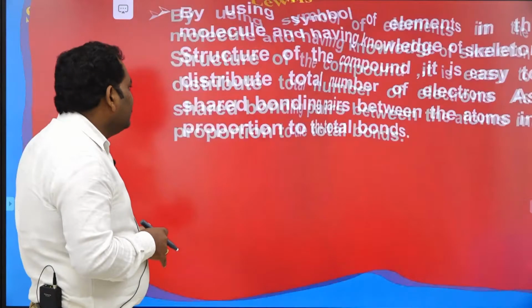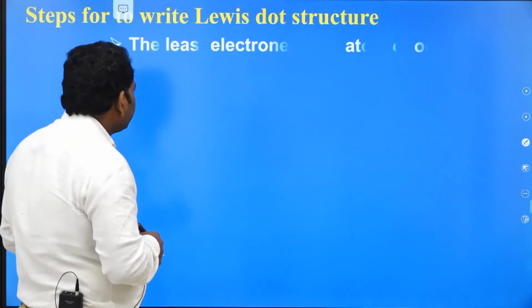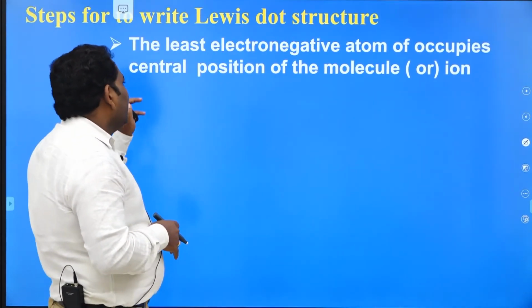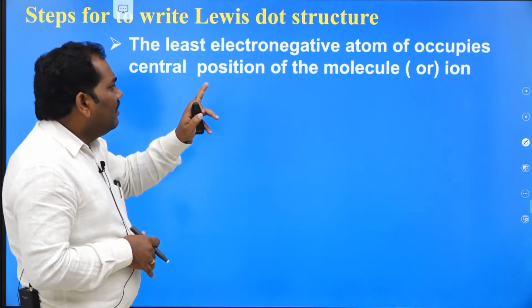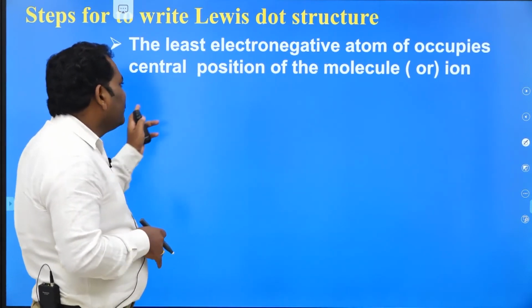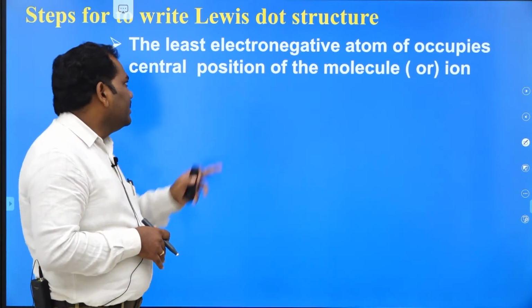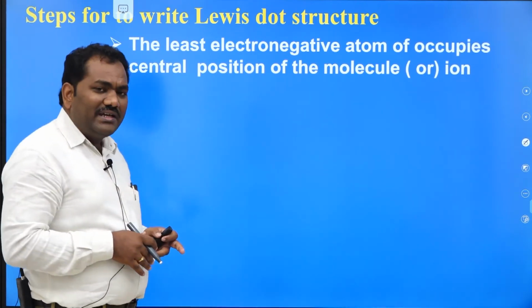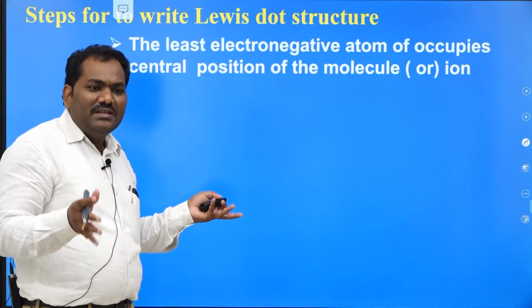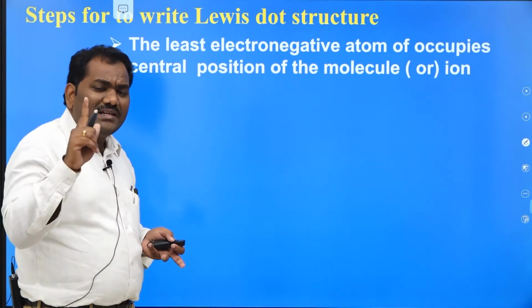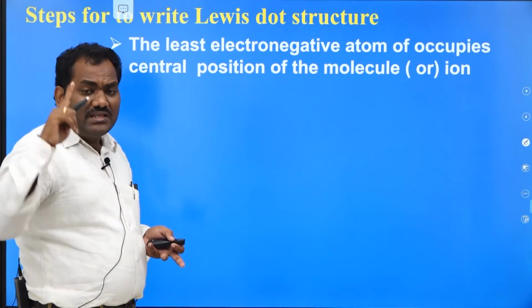The next point is, the least electronegative atom occupies the central position of the molecule. If a molecule is formed from different atoms, one atom is considered the central atom.